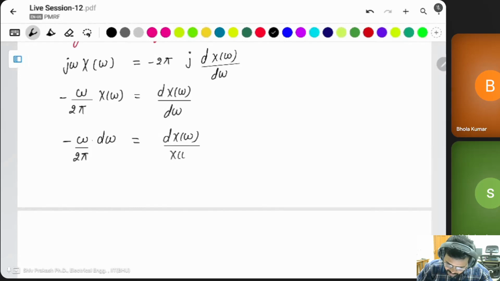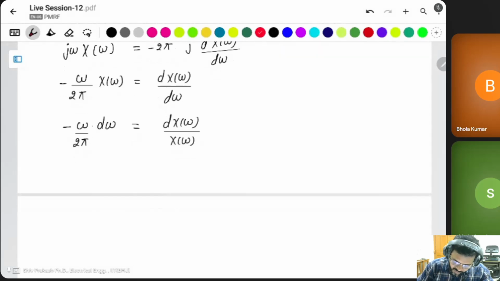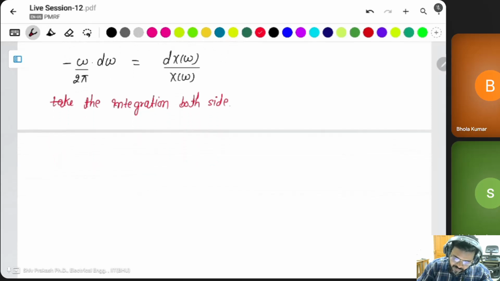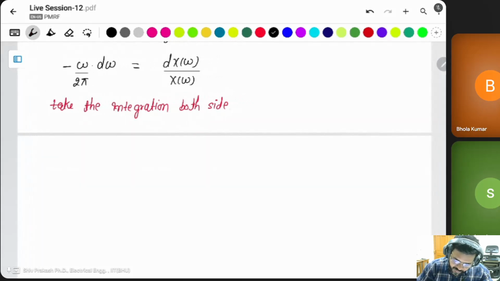Now you can integrate both sides. Taking the integration of both sides, this will be minus of omega by 2 pi d omega is equal to dX(omega) divided by X(omega).